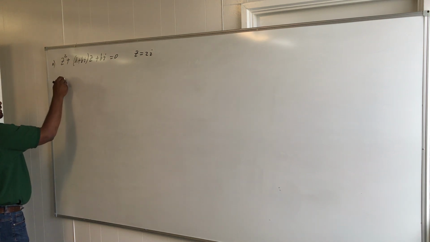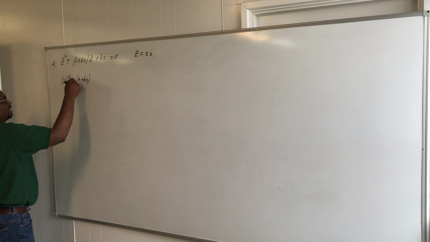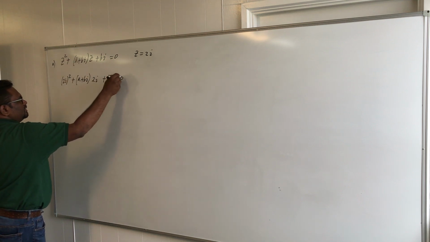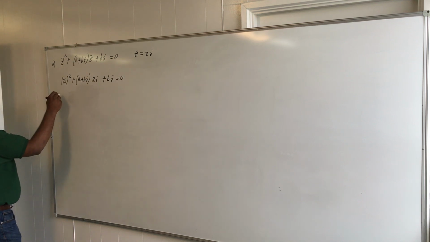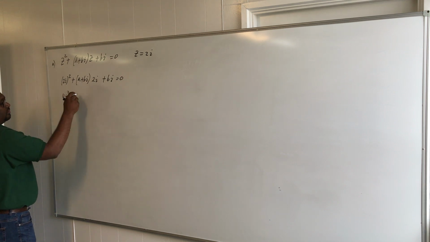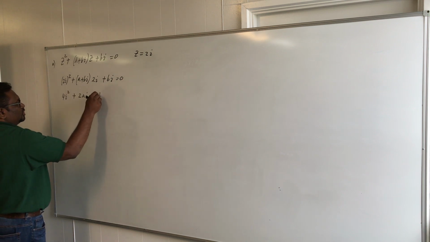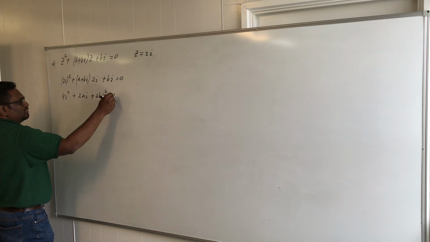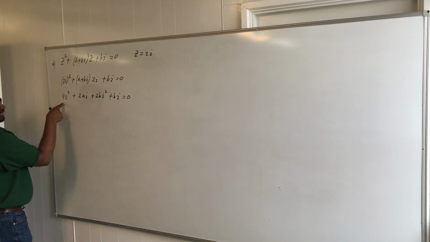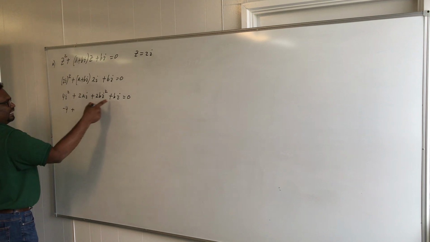So it's going to be (2y) squared plus (a plus bi) times 2y plus bi is equal to 0. So it's going to be 4y squared plus 2ai plus 2bi squared plus bi is equal to 0. Now this is going to be minus 1, so it's going to be minus 4, plus I'm going to collect i terms.